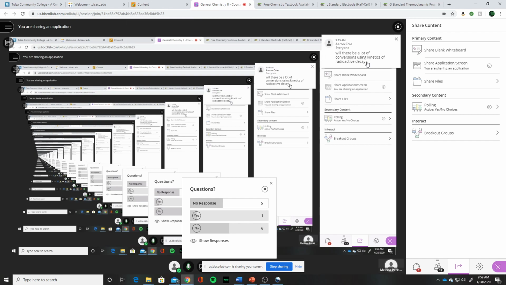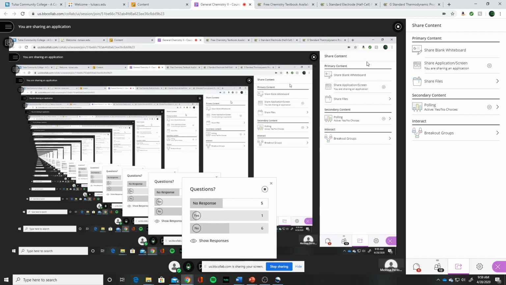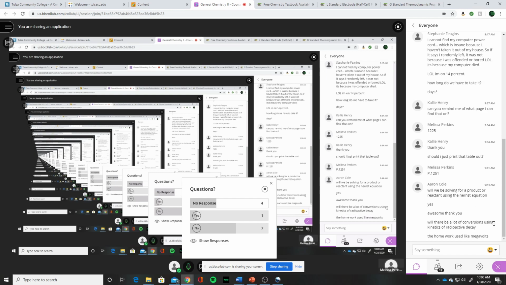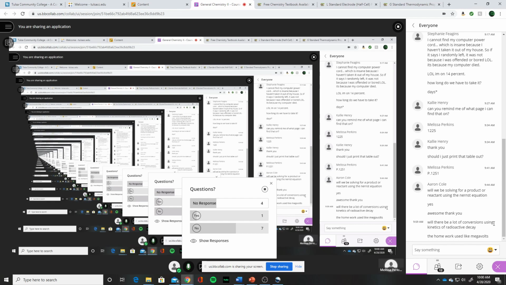Will there be a lot of conversions using kinetics? What do you mean by conversions? Oh, no. No. I'm going to keep it as simple as possible.